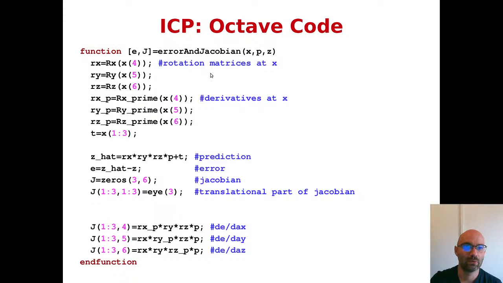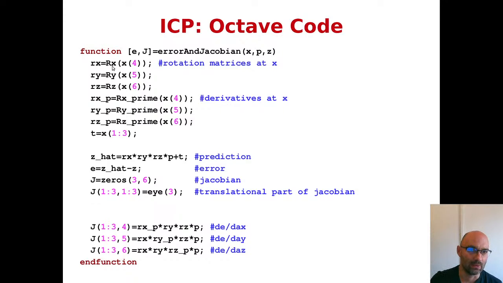So what we do, assuming that x has the same form as the x vector in the slides, so first the 3 translation and then the 3 angles, we will calculate the rotation matrices accordingly.